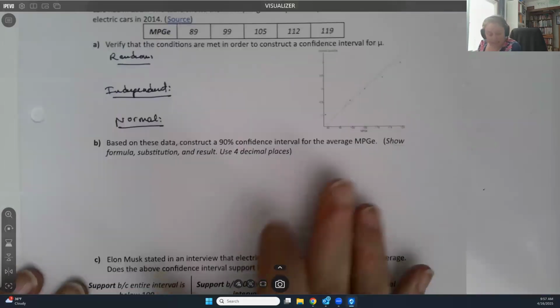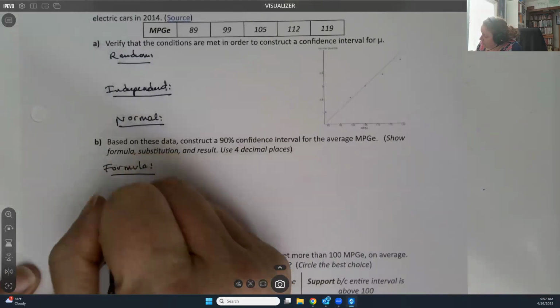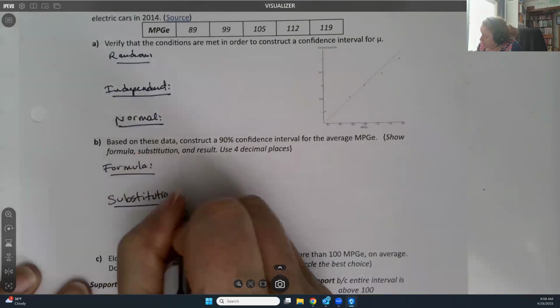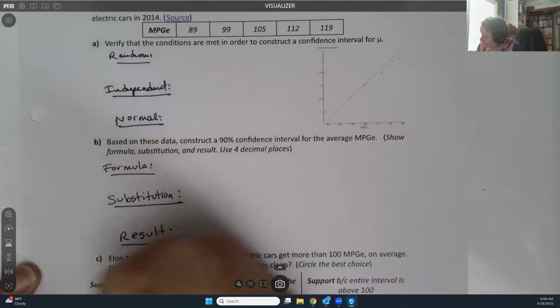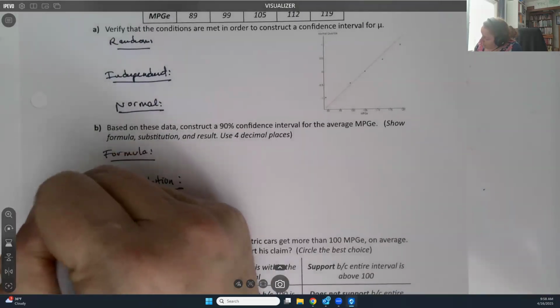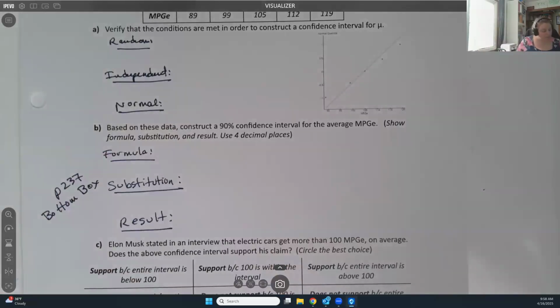So there's that one. And then you're going to use that to do the formula, substitution, all that good stuff. And then the result, right? This is on page 237, the bottom box. If you're looking for an example, oh boy, it'd be back in section 9.2. So it'd be a ways back. Let's see here. I did one on page 185. Nope.